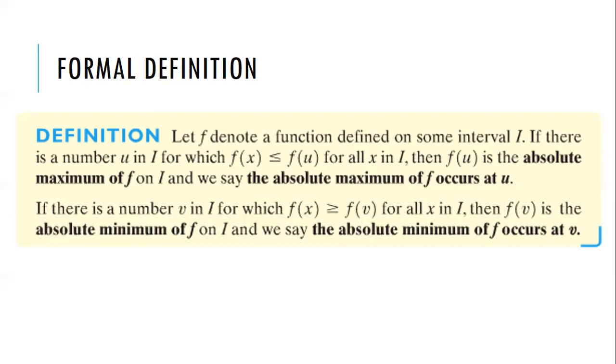Absolute means it is the highest or the lowest. So you're no longer listing them all out. You're only listing out the highest and the lowest. Does that make sense? Because it's your absolute. When I say what's my absolute favorite thing, I'm going to only list out one thing, right? Same thing here.